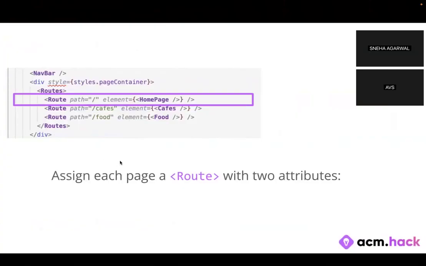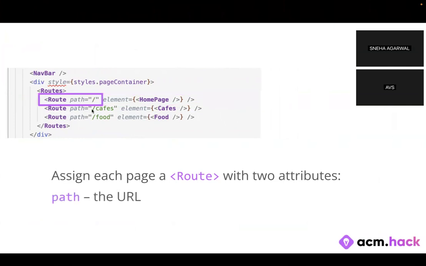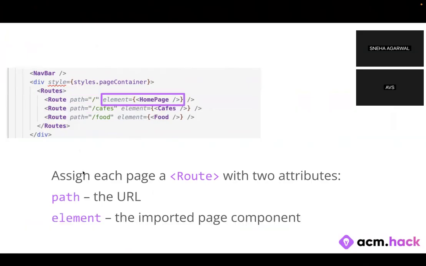And for each route, we're going to assign a page using route, and we're going to have two attributes for each one. First, we're going to have the path, which is going to be the URL. And then we're going to specify the element, which is the imported page component.